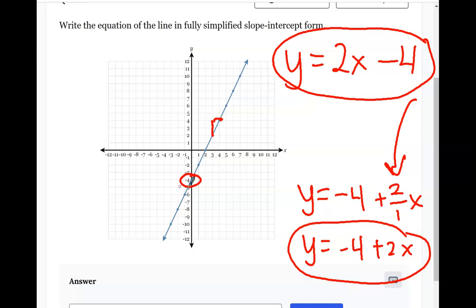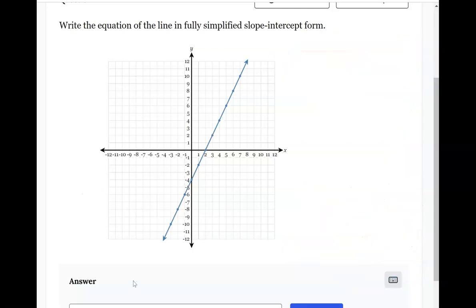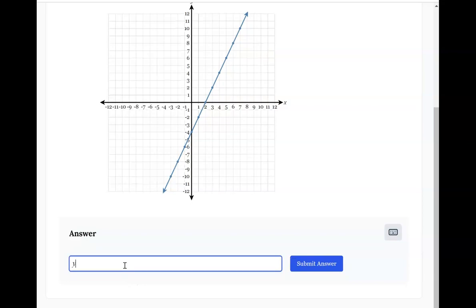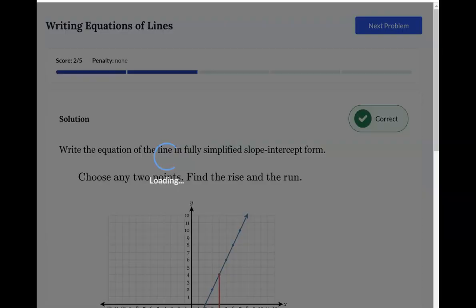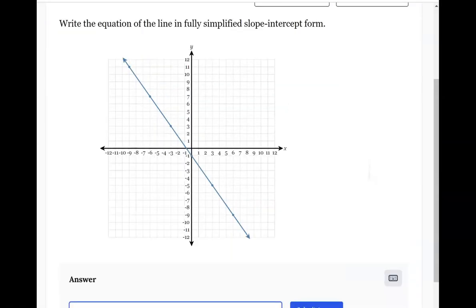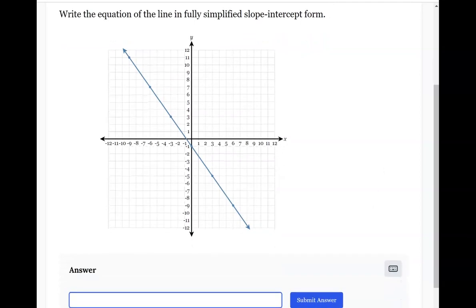I think the y-intercept is easiest to find first, so I'm going to type my equation with my y-intercept listed first. So y equals -4 plus 2x. Let's try this one more time. This time my y-intercept is -1, right there. And my slope is down 1, down 2, down 3, down 4.